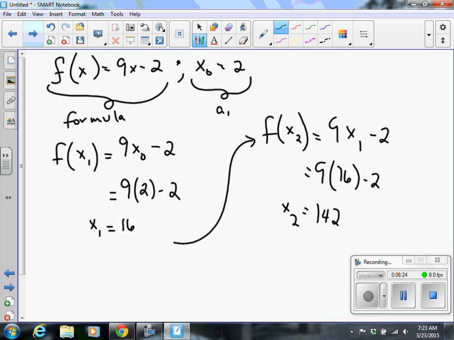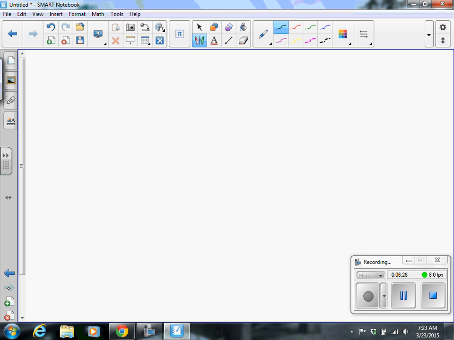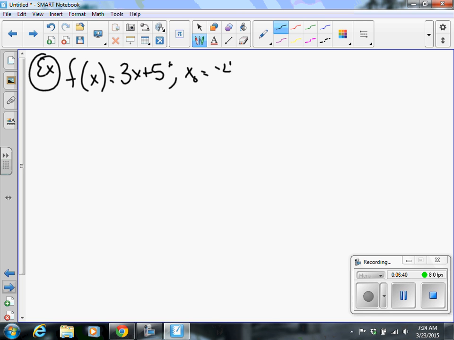Just as a double check here, you guys are going to have f of x equals 3x plus 5, and x0 equals negative 4. I want you guys to find x1 and x2. So looking at this, I'm going to go ahead and plug my information in.